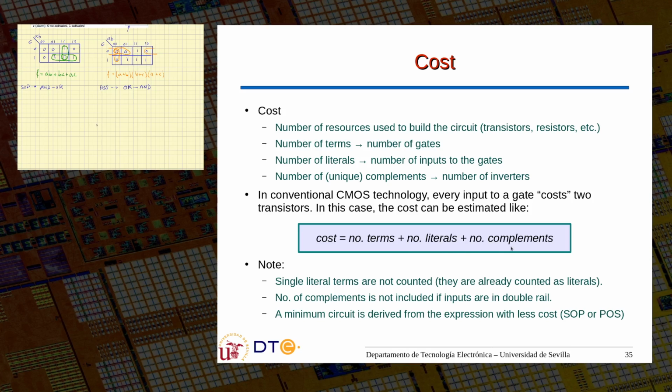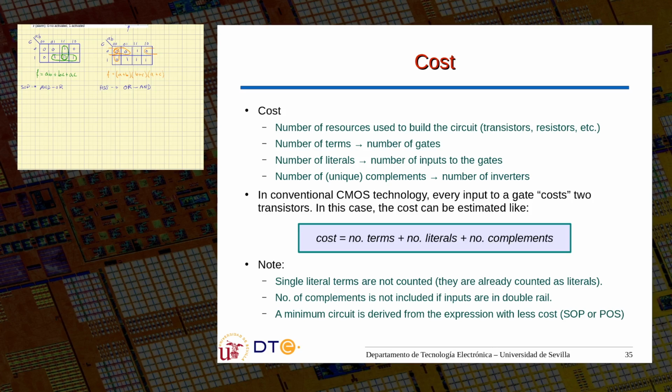It's not that bad, because in modern technology we mostly use complementary MOS technology, and basically in that technology every input of a gate needs two transistors. So an inverter has one input and needs two transistors. An AND gate will need two transistors per input that it has.